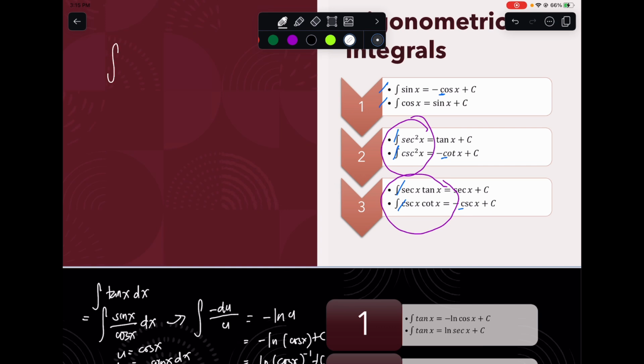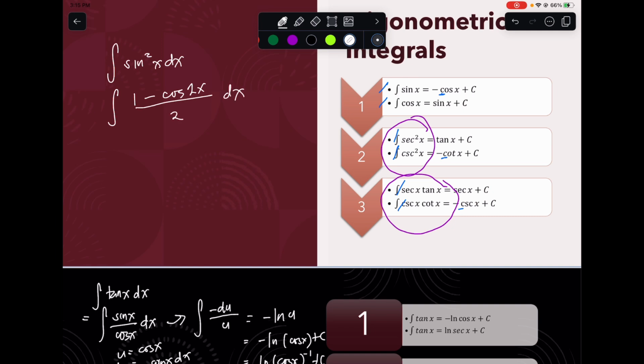For example, we are given sine squared x dx. There's no such thing as a direct integral for sine squared x, so we don't have a formula for this right away. In those cases, we can use some trigo identities. In this case, I can change this into 1 minus cosine 2x all over 2, dx.